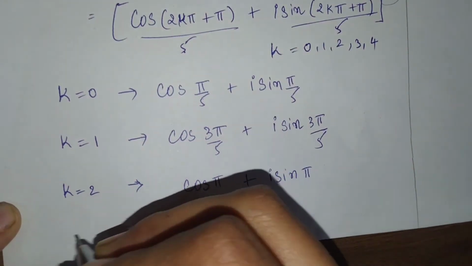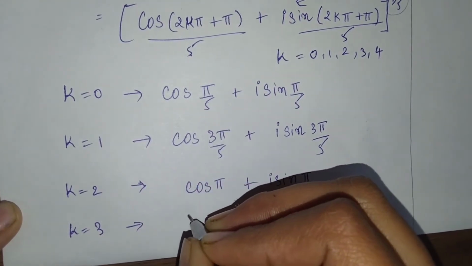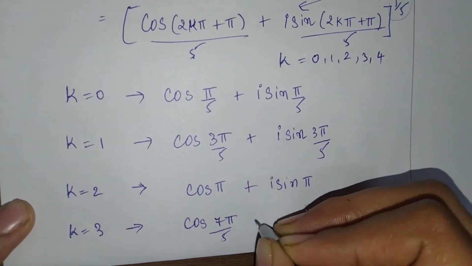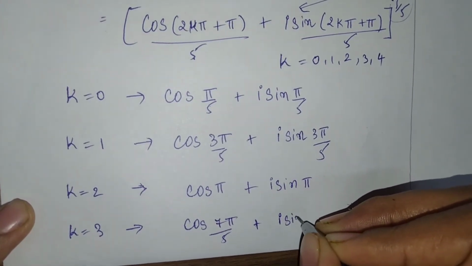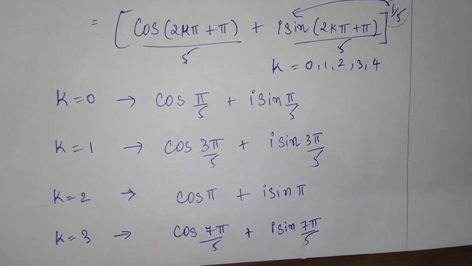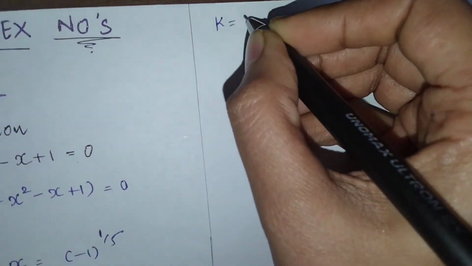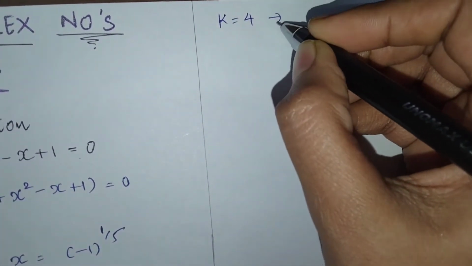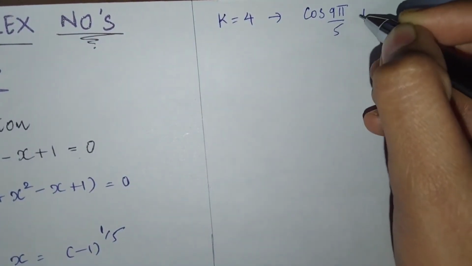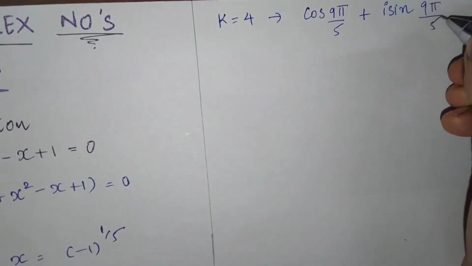Now whenever I put k equal to 3, I will get cos 7 pi by 5 plus i sin 7 pi by 5. And at last, if I put k equal to 4, then I will get cos 9 pi by 5 plus i sin 9 pi by 5.